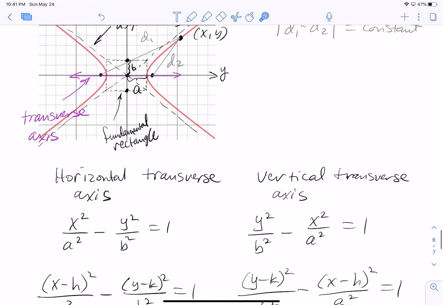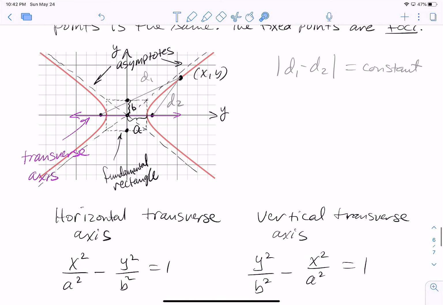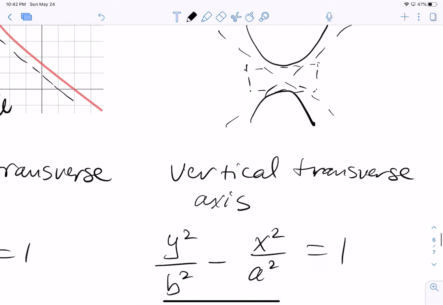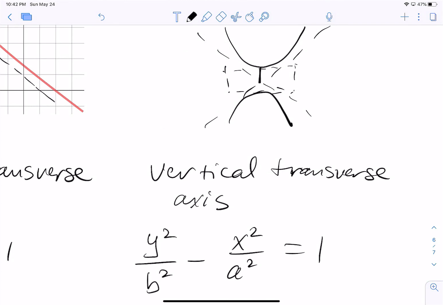Now, a hyperbola that has a vertical transverse axis, instead of opening left and right, will have branches that open up and down. There's still going to be a fundamental rectangle, and there will still be asymptotes. And the way I've labeled my equations here, b will still be the vertical distance between the center and the vertex in this case. a will still be the horizontal distance.